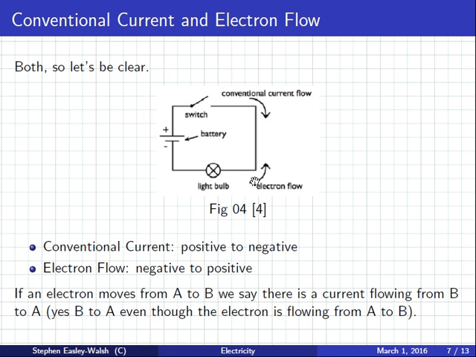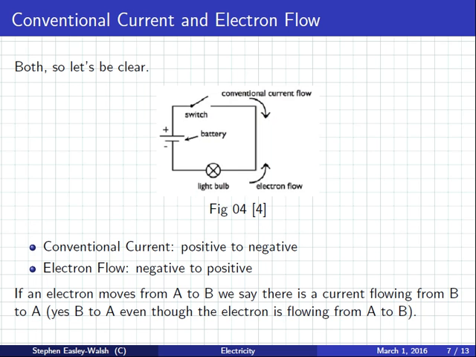Is it happening at the same time? Yeah. Same time? But this is a problem of English. When I say the electron moves from me to you, I can say there is a current from you to me.